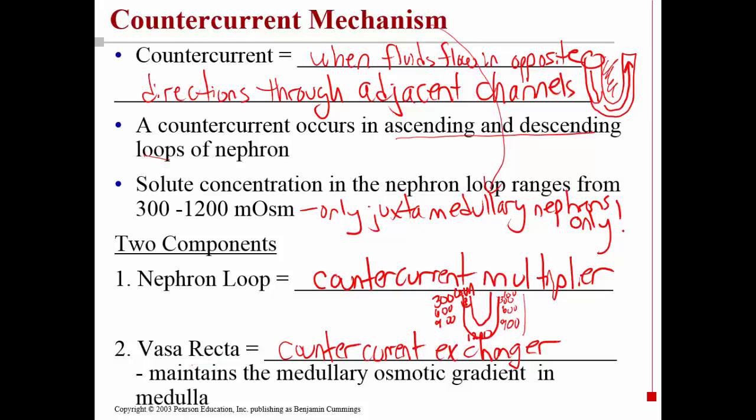So if you can think of the vasorecta here, it is exchanging water and salt such that its concentration will mirror the concentration in the medullary area. So we'll explain that in a minute. The other role of the vasorecta is the same as all blood vessels. It's to deliver oxygen and nutrients to the tissues in the medulla and remove carbon dioxide and waste.